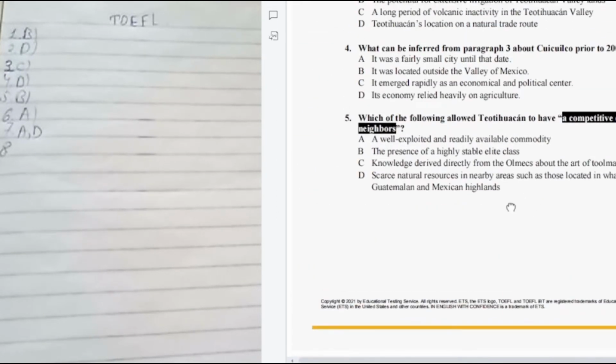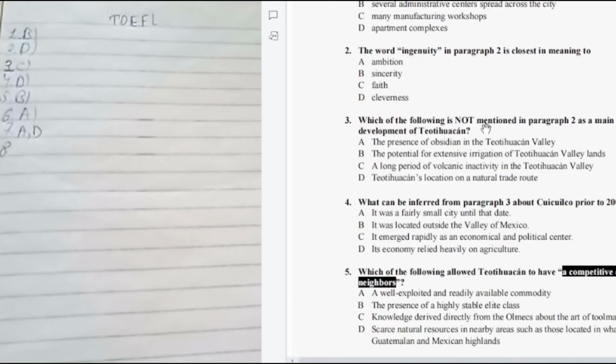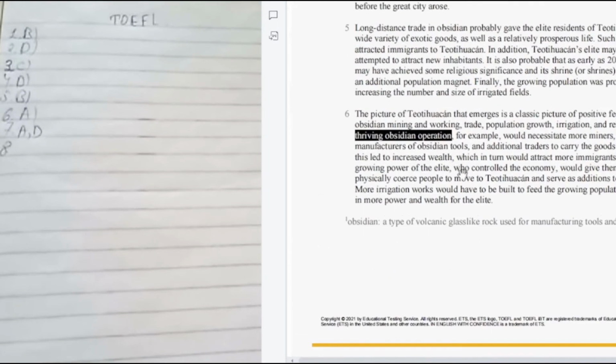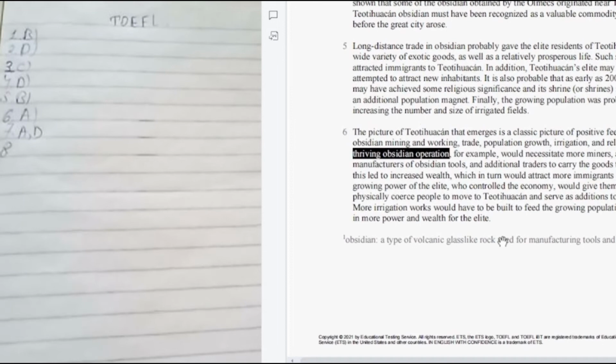I think that let's go to the passage. The picture of Teotihuacan that emerged is a classic picture of positive feedback among obsidian mining and working, trade, population growth, irrigation, and religious tourism. The thriving obsidian operation, for example, would necessitate more miners, additional manufacturers of obsidian tools, and additional traders to carry the goods to the new markets.